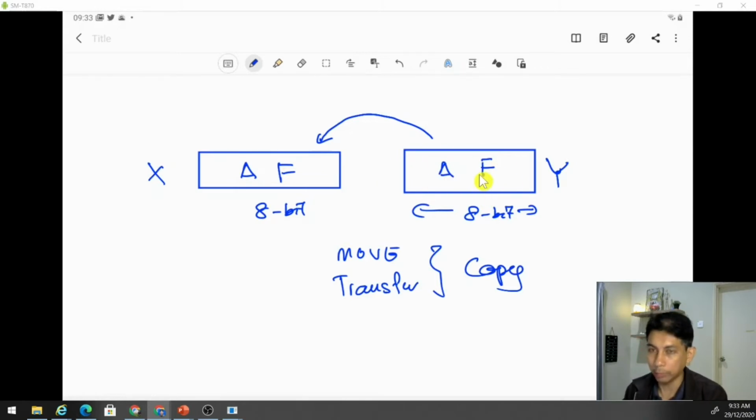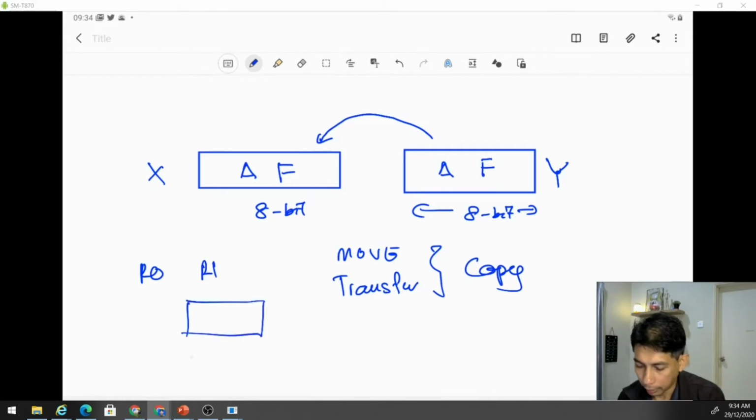Just like when you learn microprocessor systems, when we move data between registers, for example if you use a MIPS microprocessor or the ARM architecture, you have R0, R1. So when we move the data from R0 to R1 using the move instruction, AF moves to R1.